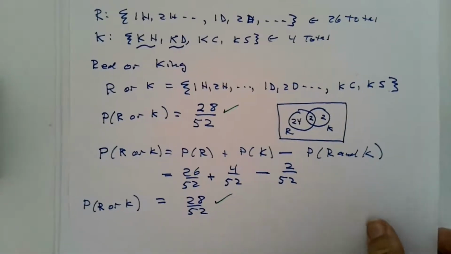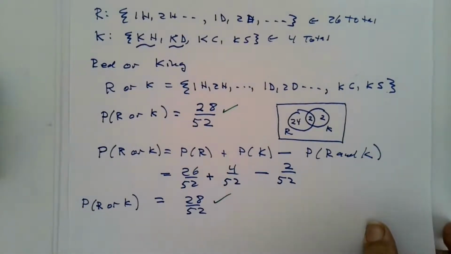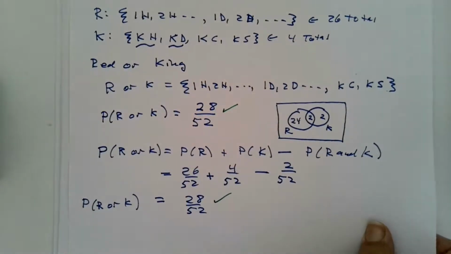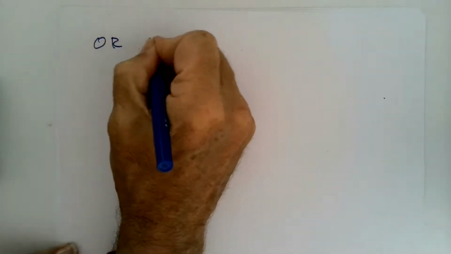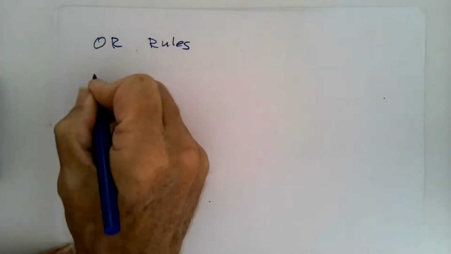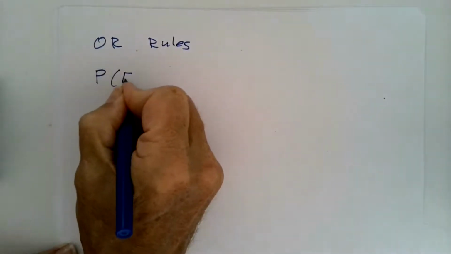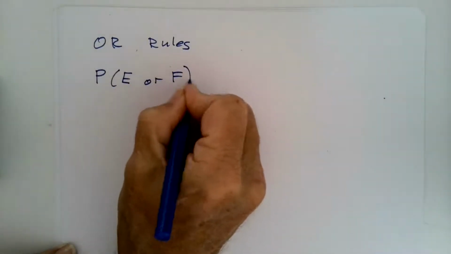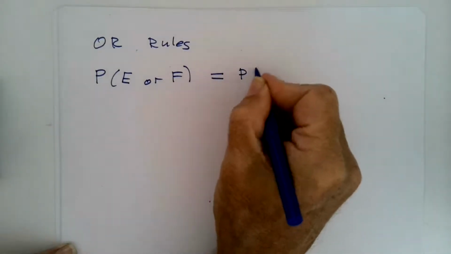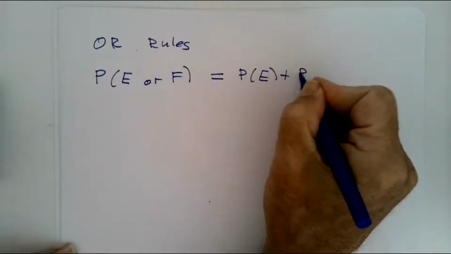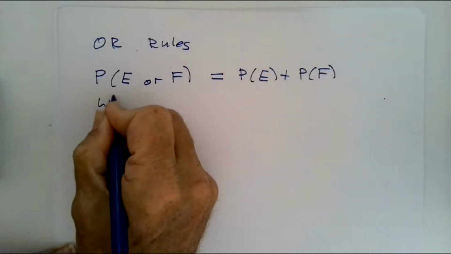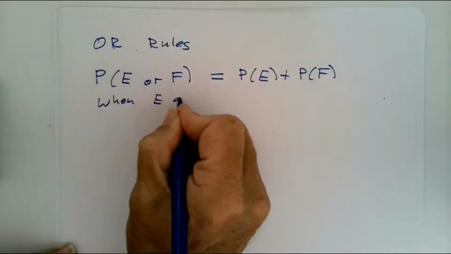So let's go ahead and state our rules. We have 2 OR rules, one for a mutually exclusive case and one if they're not mutually exclusive. And I'll jump to E's and F's this time. OR rules for probability. So the probability of E or F equals the probability of E plus the probability of F when E and F are mutually exclusive.